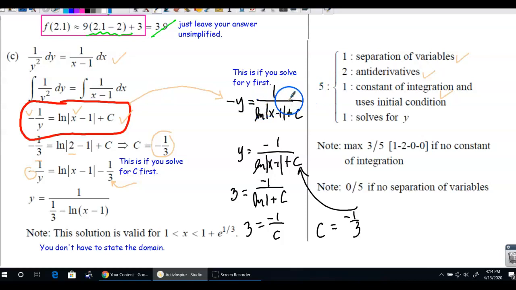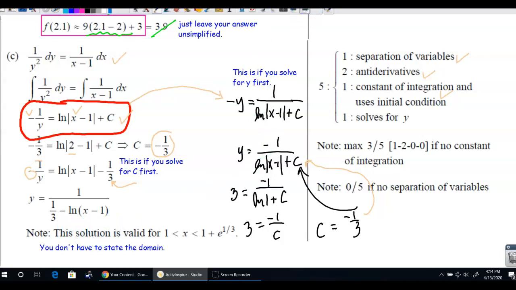Then we can divide by negative 1, substitute the 2 for x and the 3 for y, solve for c, and substitute it back in place of c and get the same thing that they had, and you do not have to state the domain.